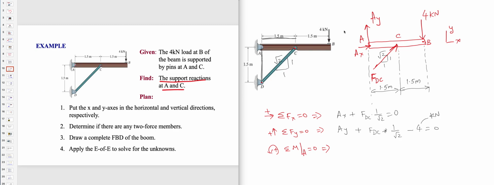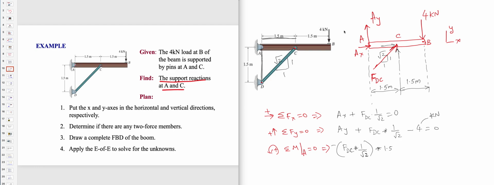The sum of moments with respect to A equal to 0 is, you have the x component, you have the y component. X component has 0 moment because it is passing through A. So this is nothing but FDC times 1 over square root 2 times 1.5.